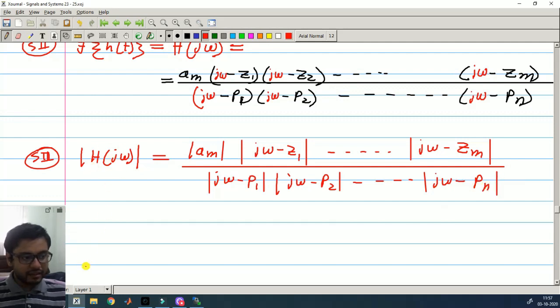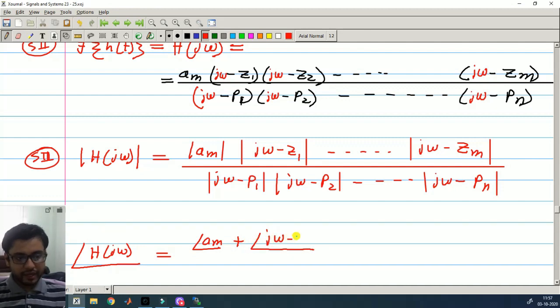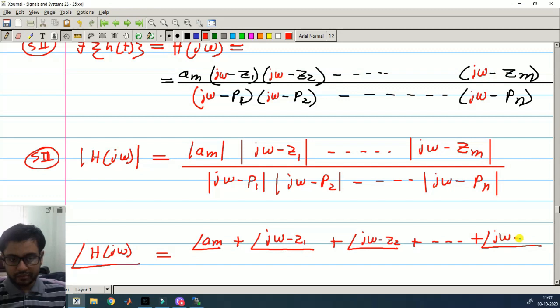And the angle or phase of H(j omega) will be equal to the angle of a_m, plus angle of j omega minus z1 plus angle of j omega minus z2 plus dot dot dot plus angle of j omega minus zm.